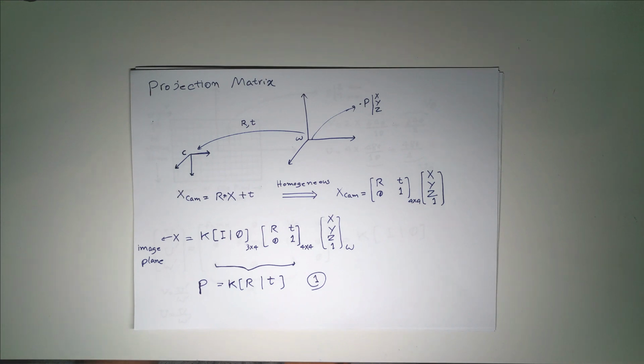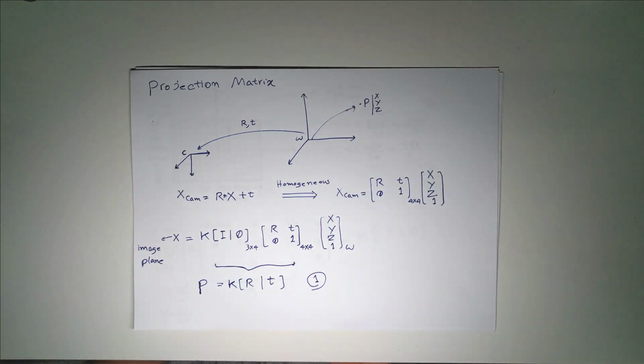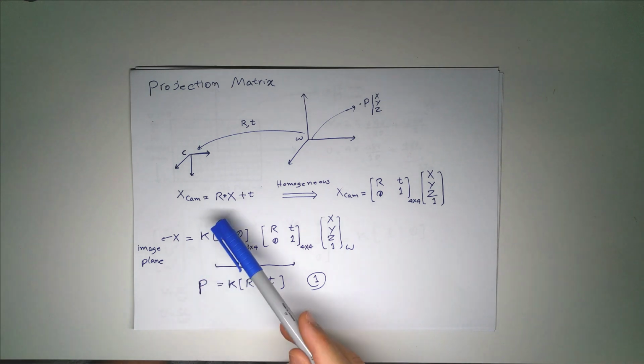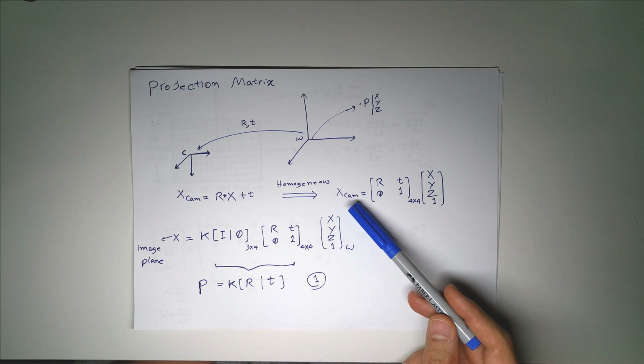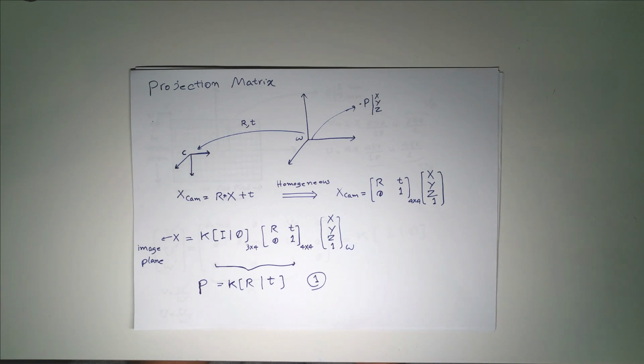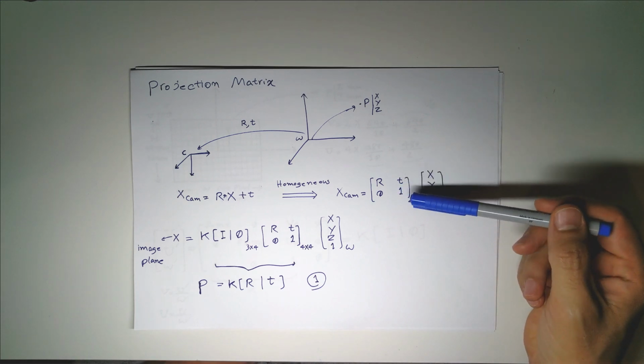So if we know the position of the point in this frame, the world coordinate, and we want to find it in the camera coordinate, all we have to do is multiply by a rotation matrix and translate it. And if I want to write it in the form of homogeneous x, y, z, 1, I can easily write it down as a 4x4 matrix.